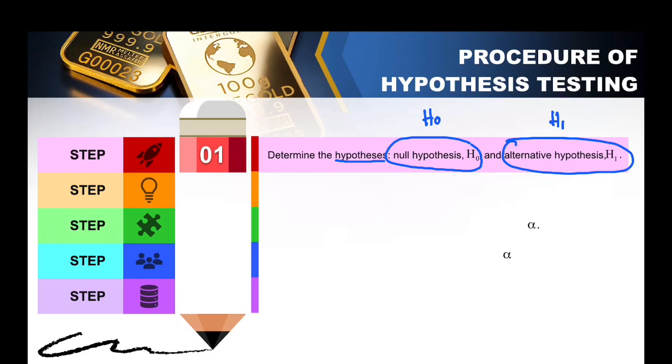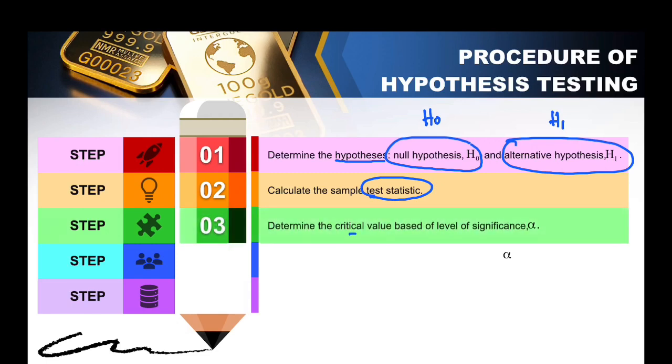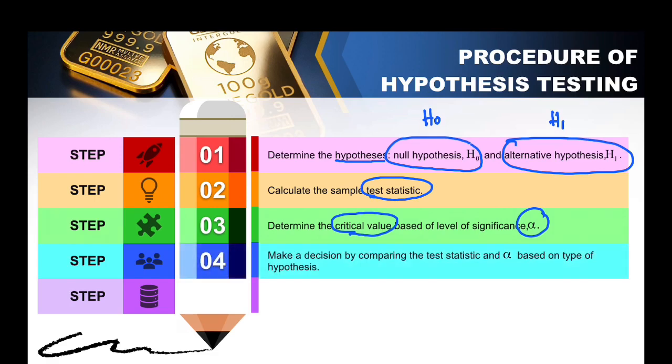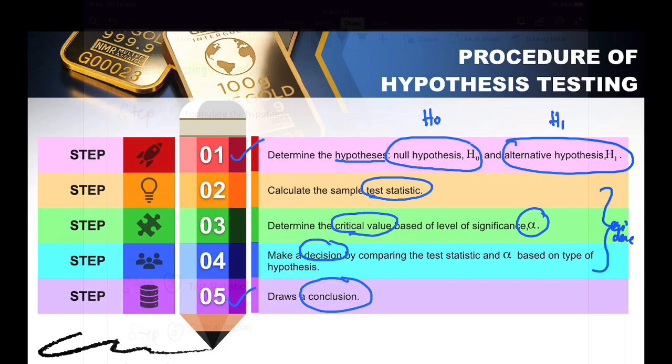Alright, for step number 2, you have to calculate the test statistic. Step number 3, determine the critical value based on your alpha. Step number 4, make a decision. Step number 5, draw a conclusion. So step number 2, number 3, and number 4 will be your evidence to test this. Step number 1 and step number 5 will be the conclusion.